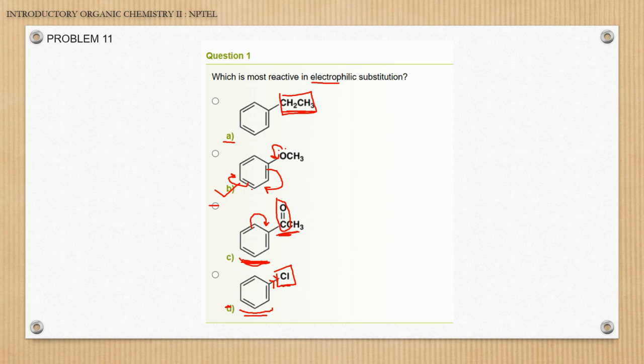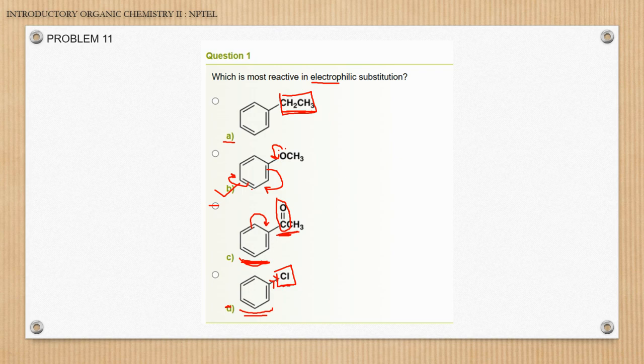It is also showing a plus R effect. So if I compare C and D, then D is in a much better situation than C. So electrophilic substitution readily takes place in the case of D rather than C, right? So if you compare C and D, D is good, but if you compare the whole list, B is very much reactive.